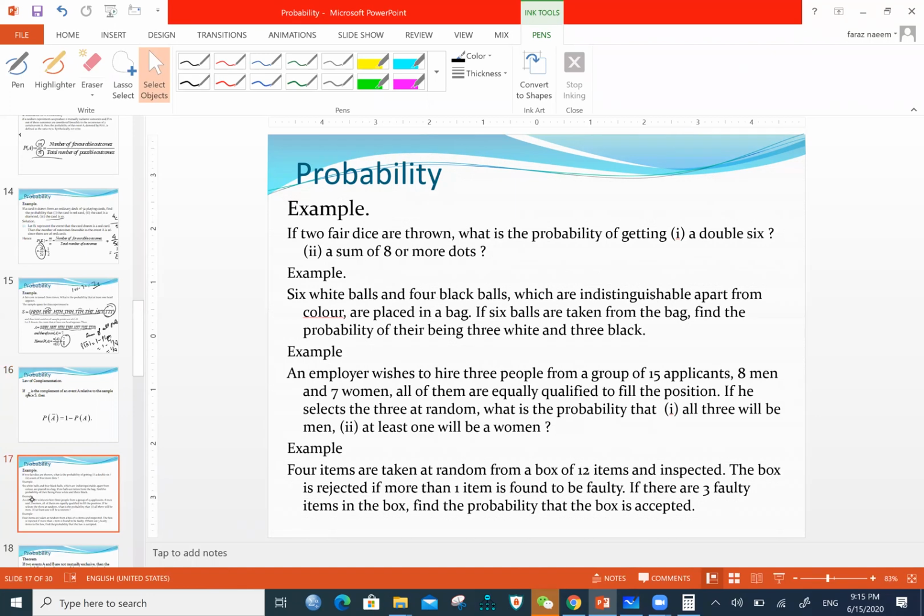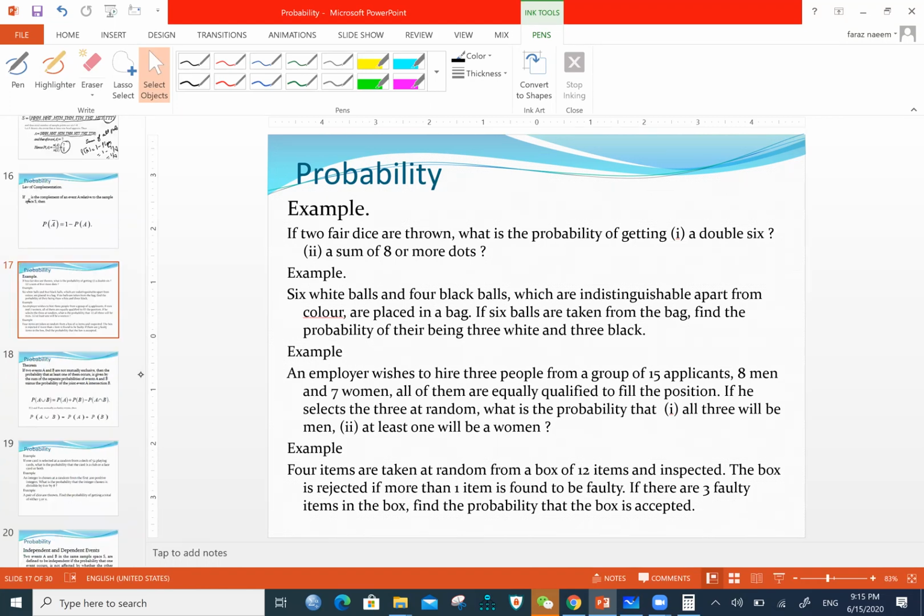Now we solve these examples. If 2 fair dice are thrown, what is the probability of getting a double 6, a sum of 8 or more dots? Who can solve this?